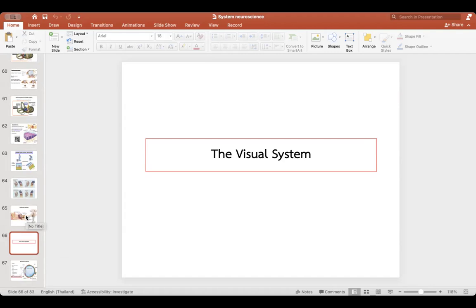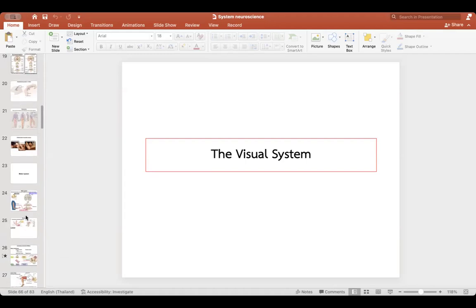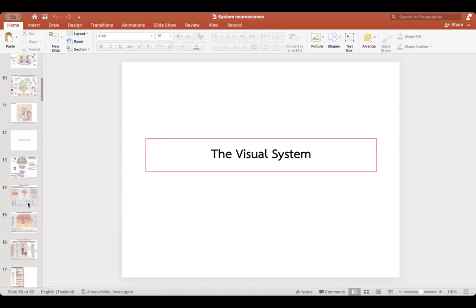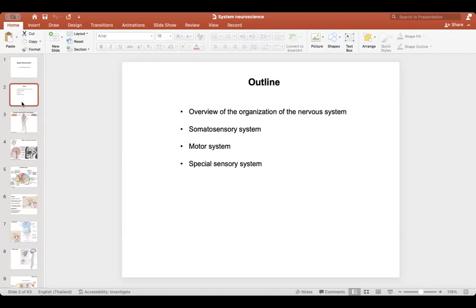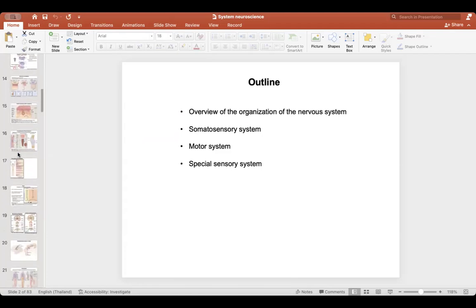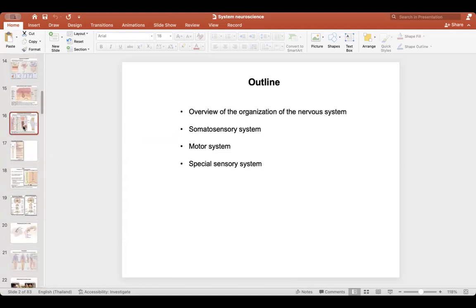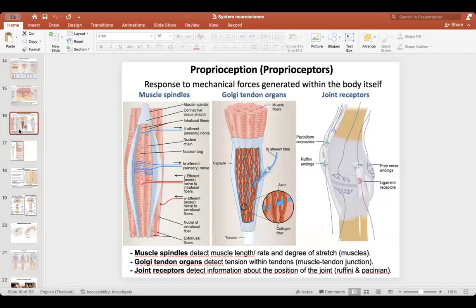So make sure that you review today's lecture more specifically. Make sure that you understand the somatosensory system, in terms of what receptors you have in the somatosensory system, and how these three different receptors are involved in balance or movement, right?